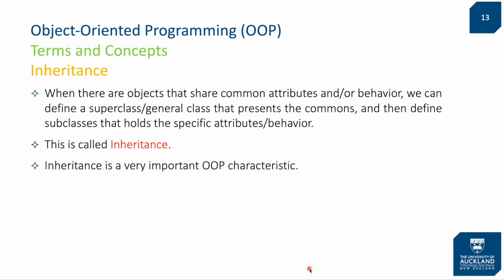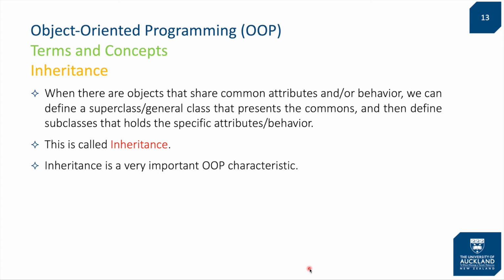The next important concept is inheritance. There are many situations that we have similar classes in our system in which they share multiple characteristics and operations, but they also have their own specified operations and pieces of information and data.